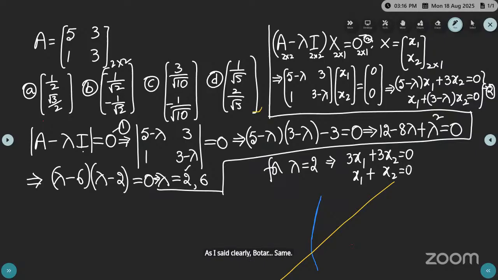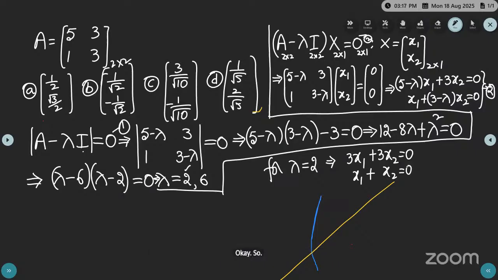Write it here. Only for one or two problems, I want to show you that those two equations are same. That's why I have written this.